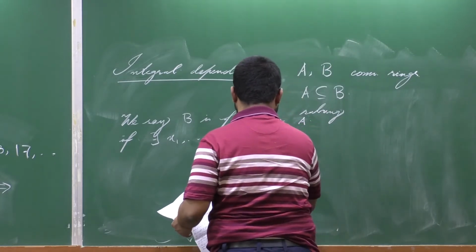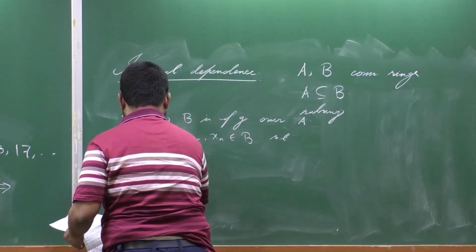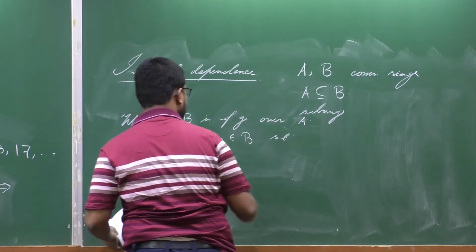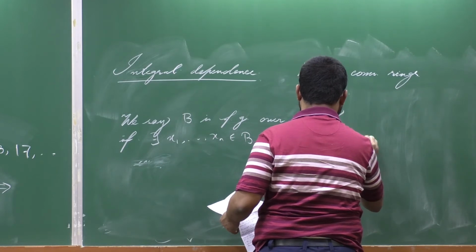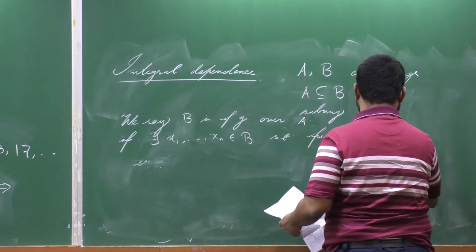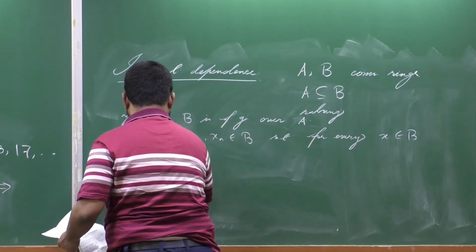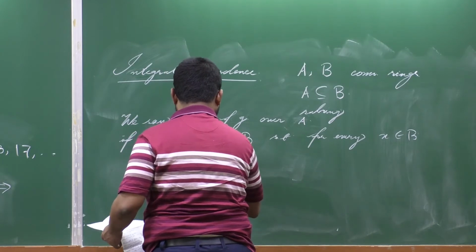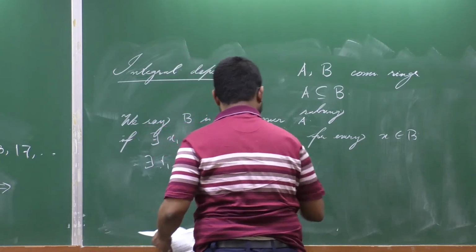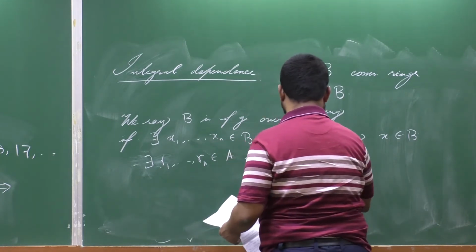What I mean by this is very simple: for every x in B there exist r1 up to rn in A such that every x can be written as a combination of these elements.